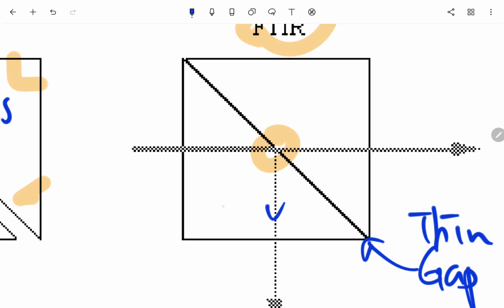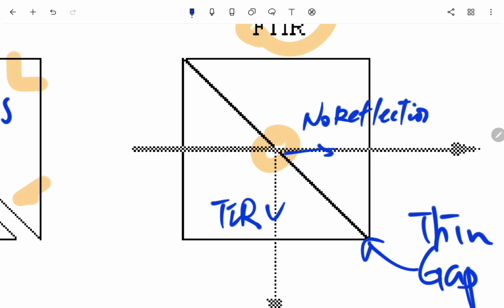So this part is total internal reflection, and this is no reflection. It's just like there's some probability that a photon may be able to jump through a gap. So this is very interesting.